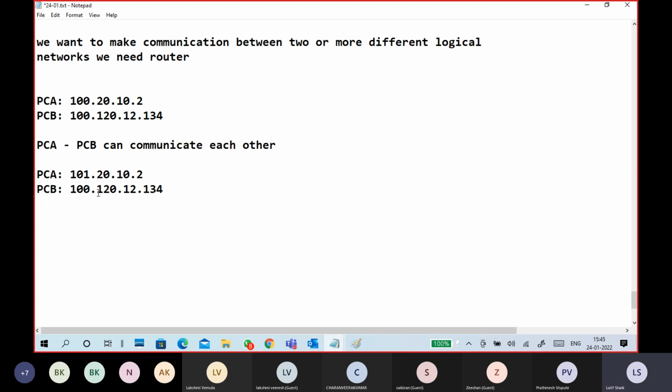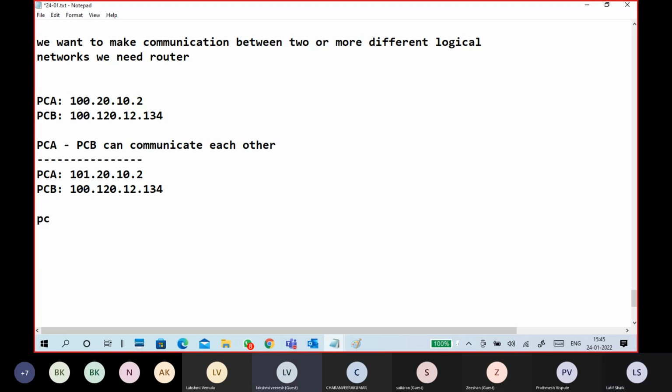Now tell me, can PC A and PC B communicate with each other or not? Check it. Is the network portion the same or not? No, sir.